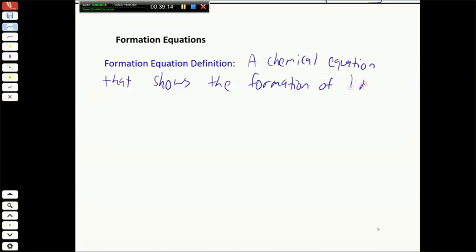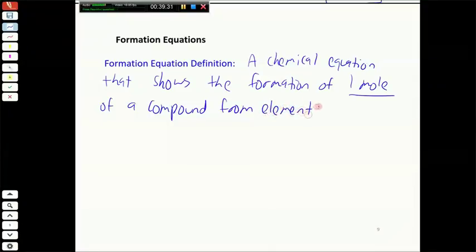That's a very specific part of it: the product side will just have 1 mole of a compound, a coefficient of 1. And what we're forming that from is the elements in their standard states. We're going to have to spend a little bit of time talking about standard states in a minute. But that's the definition of a formation equation. We're forming 1 mole of a compound from elements in their standard states.